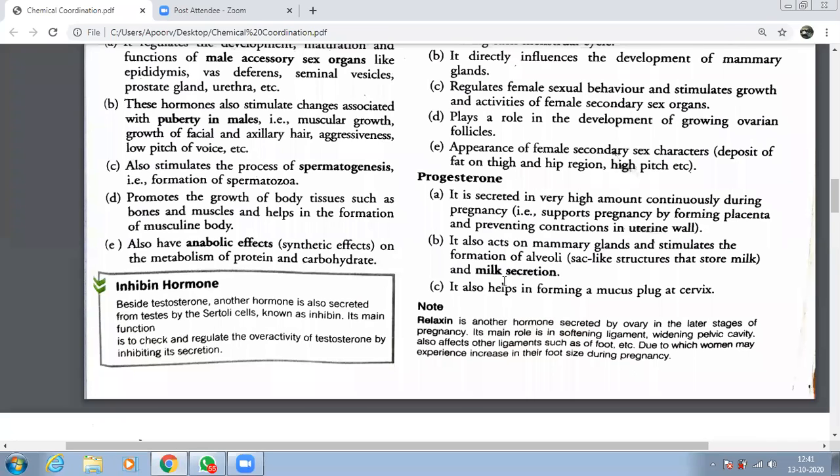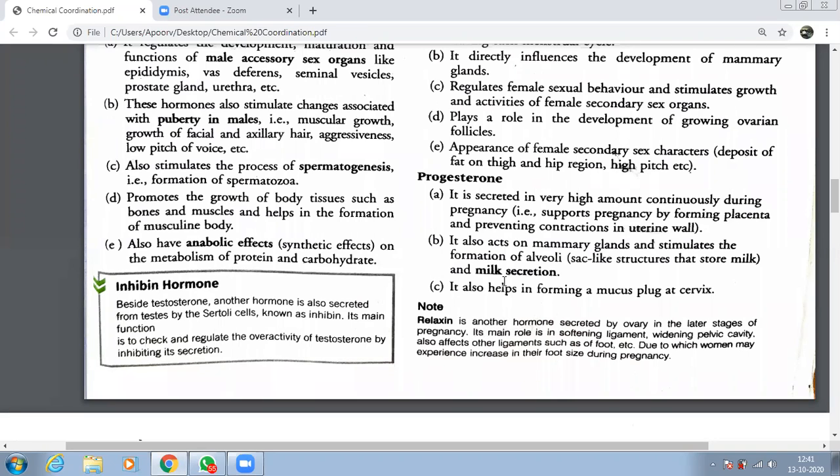Try and relate it with the words anabolism and catabolism. You will get the answer. She's trying it very nicely. Ma'am, synthesis of proteins and carbohydrates. Basically, both of you mean it's a constructive process. It is synthesis, formation. So it's an anabolic effect.